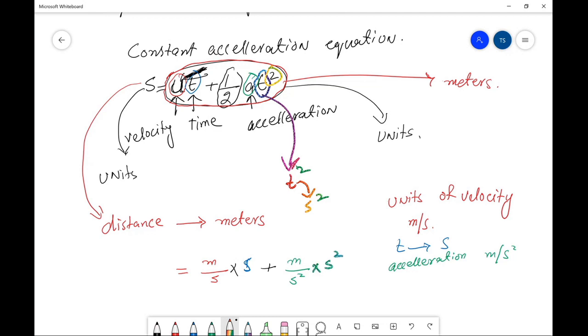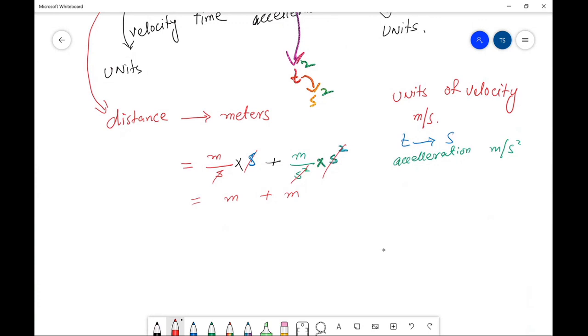Now solving some basic arithmetic, this second will be cancelled by that second, and this second squared will be cancelled by that second squared. Ultimately, I will have a meter plus a meter. Whatever the magnitude, the answer will be in the unit of meters, which is what we wanted on the left hand side, a distance which is measured in meters as well.